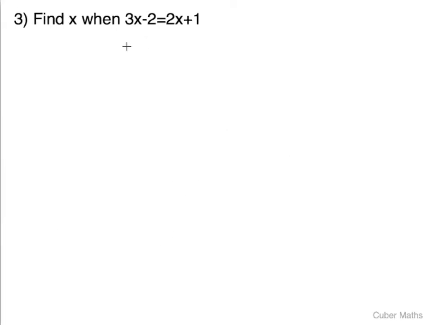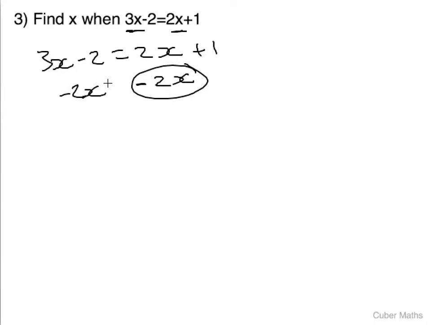Here we have our third problem, and it says find x when 3x minus 2 is equal to 2x plus 1. Now this one's slightly different because we have x's on both sides. So what we need to try and do is get the x's just on one side. The first thing we're going to do is subtract 2x from both sides in order to get no x's on the right hand side.